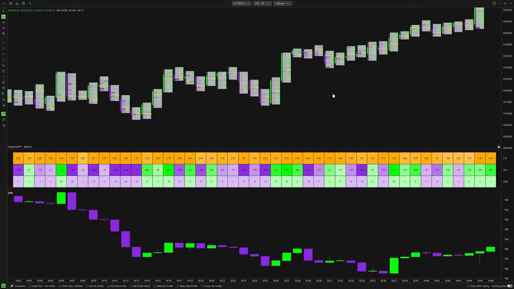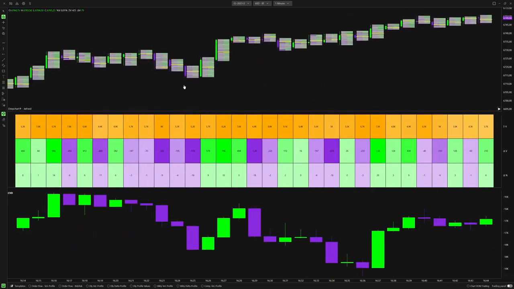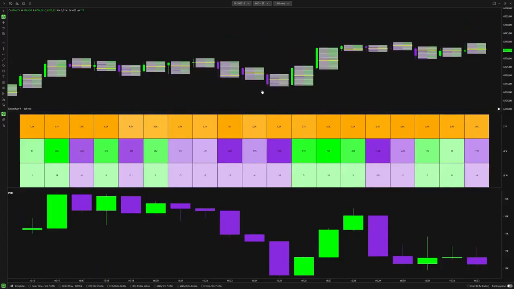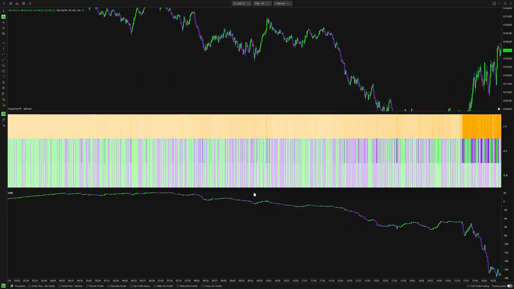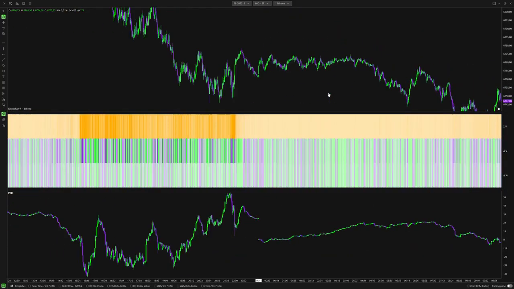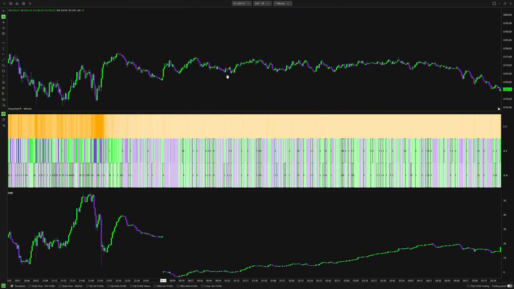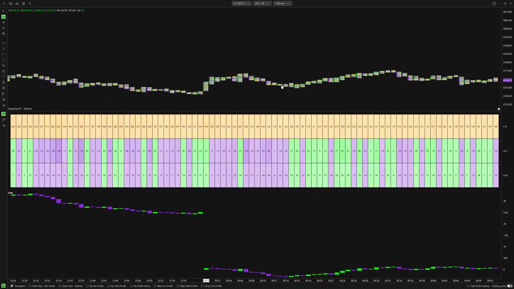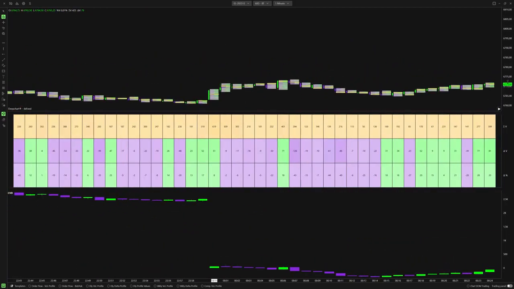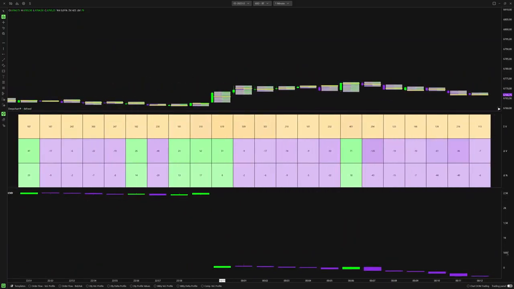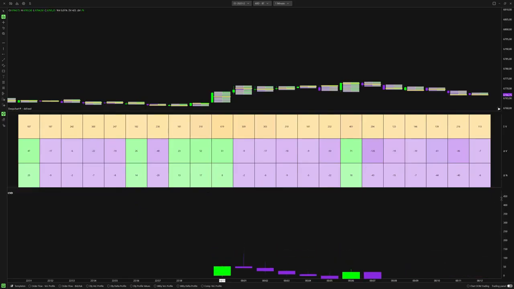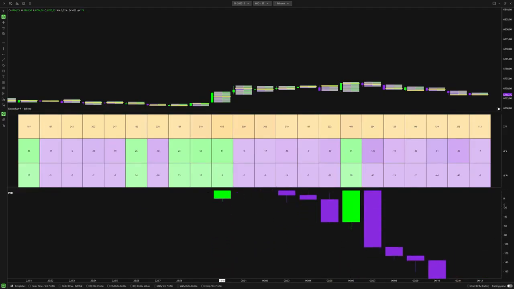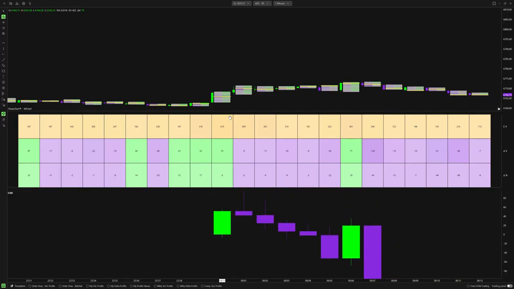So let's take this as an example and let's start from the beginning of the session, because that's where the cumulative volume delta starts. Let me make it wider for you. Yep.